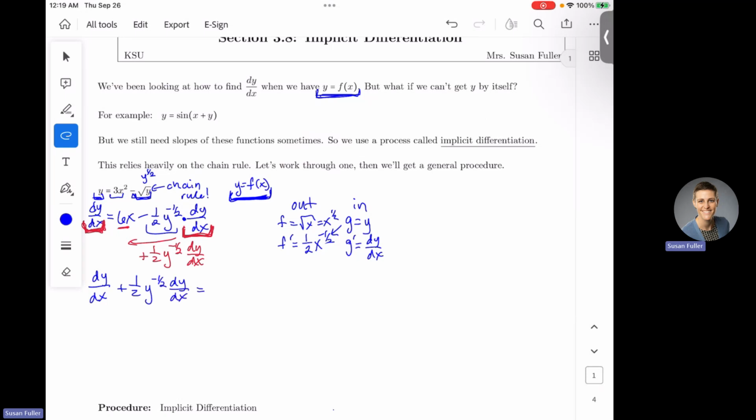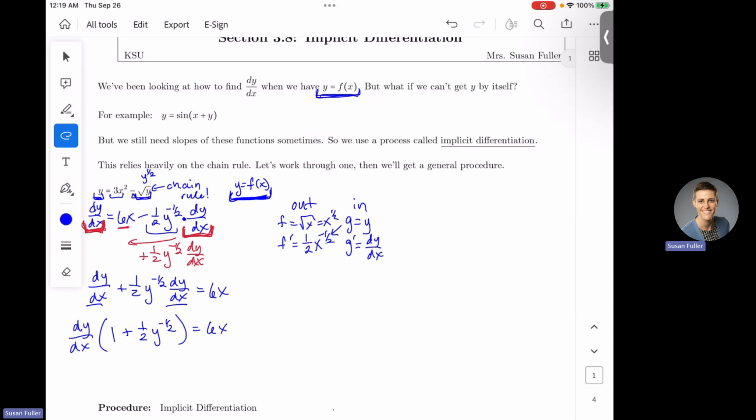On the other side, I'm going to have a 6x left. And notice everything over here now has a dy dx in it, which means I can factor it out. And when I factor it out, dy dx divided by itself is 1 plus 1/2 y to the negative 1/2. And I still have that 6x over here.